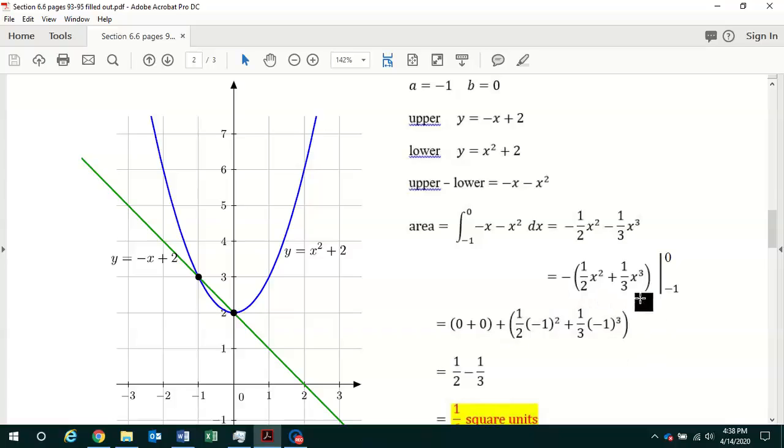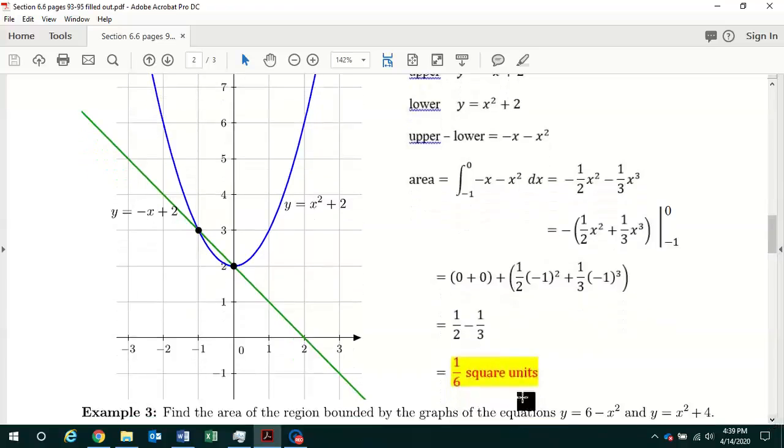We put in the lower limit of integration for x, and we have 1/3 times minus 1 cubed, which is equal to minus 1/3. So the size of that area sandwiched between the straight line and the parabola is equal to 1/3 square units.